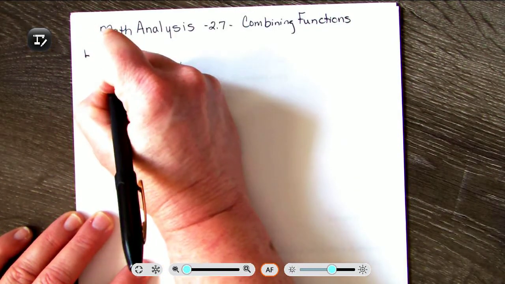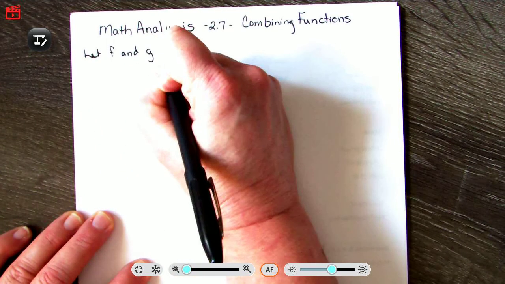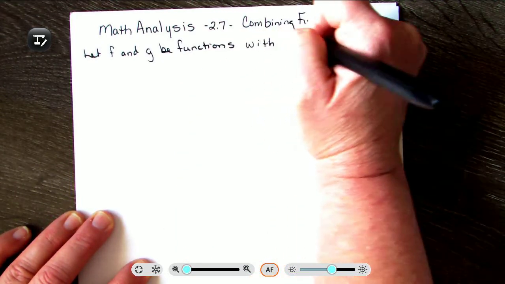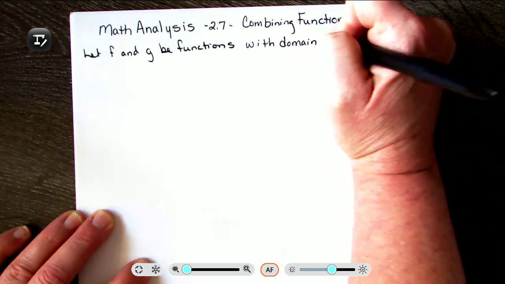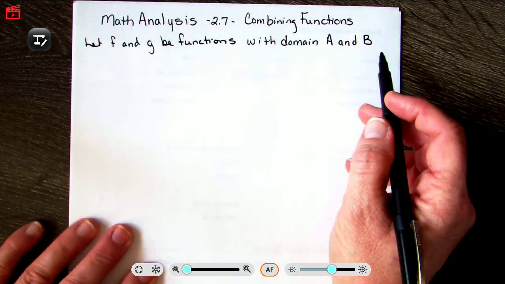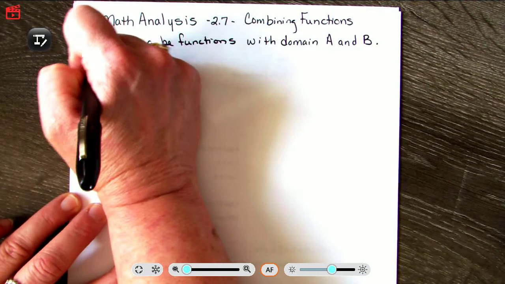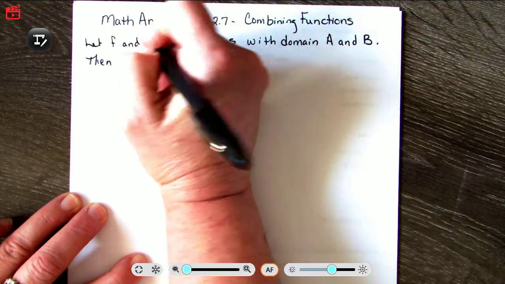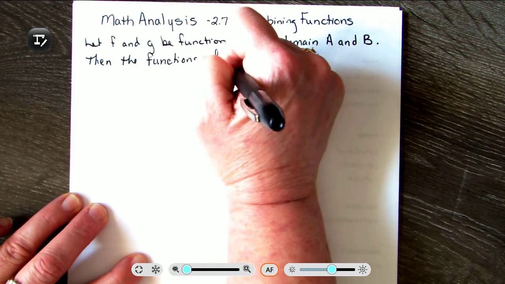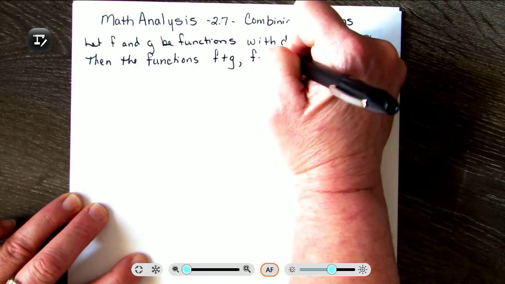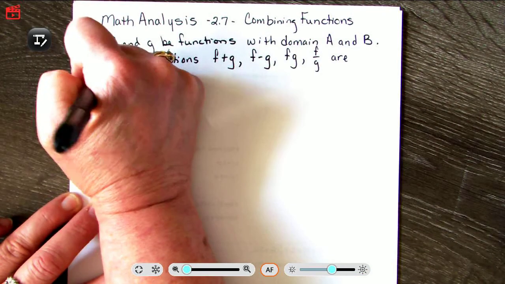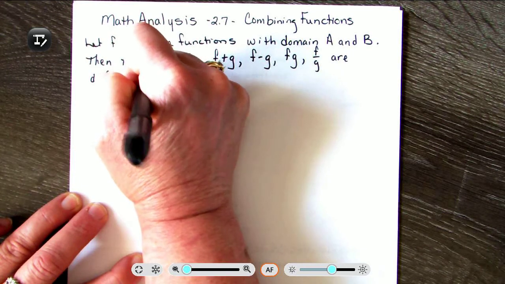So let f and g be functions. They're going to have domains A and B. So f has domain A, g has domain B. Then the functions f plus g, f minus g, f times g, and f divided by g are defined as follows.